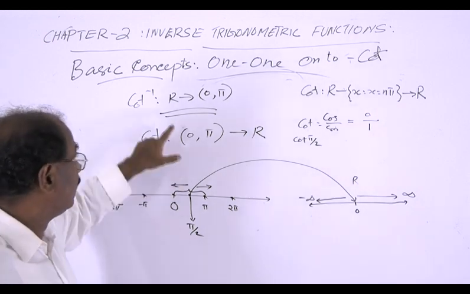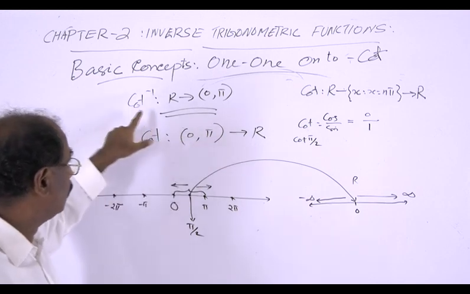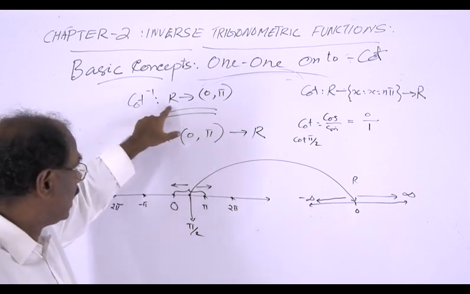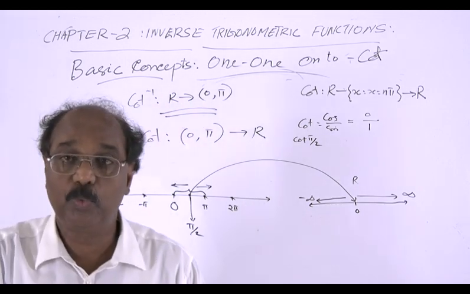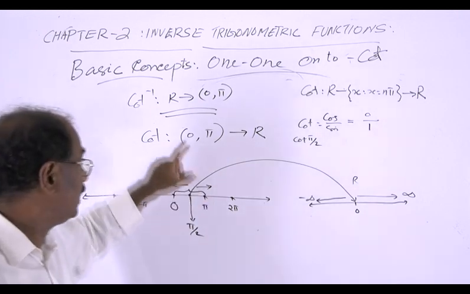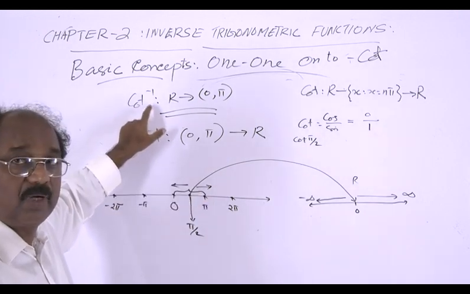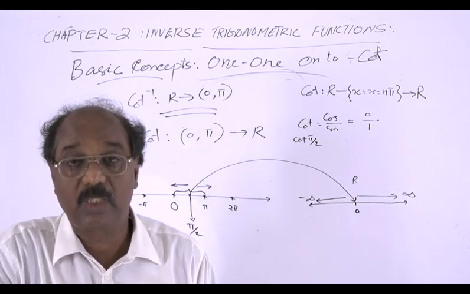This function cot from (0, π) into R, and cot inverse from R into (0, π), is the principal value branch of the inverse cot inverse.